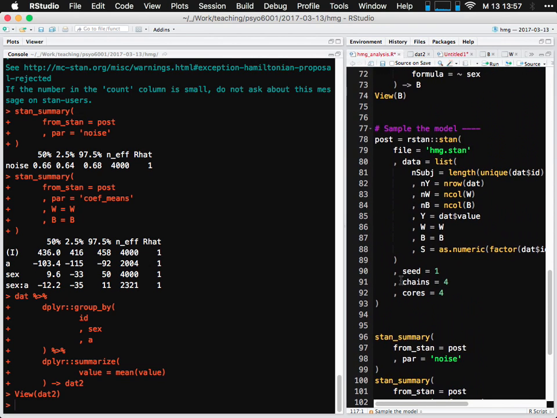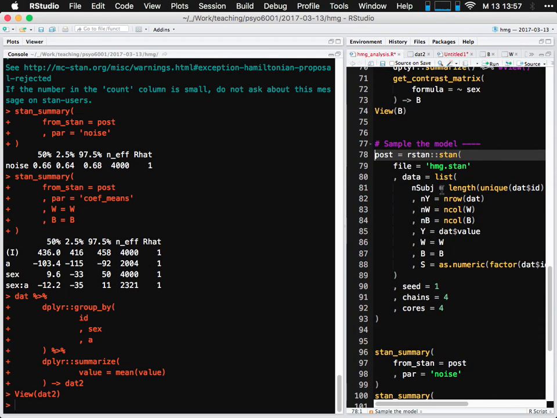So I'm curious what would happen if instead of giving the full data to the hierarchical model, I gave just the cell means to the non-hierarchical model? How would that affect the inferences?